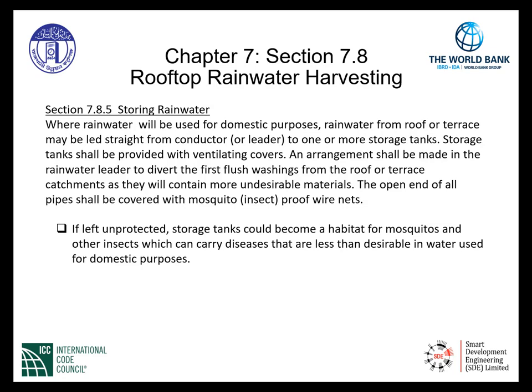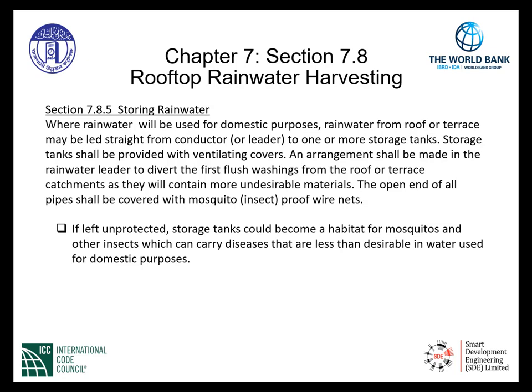Storing rainwater is the second component. First is the harvesting. We look at the roof, we look at the wall surfaces. Now, section 7.8.5 introduces where rainwater will be used for domestic purposes.